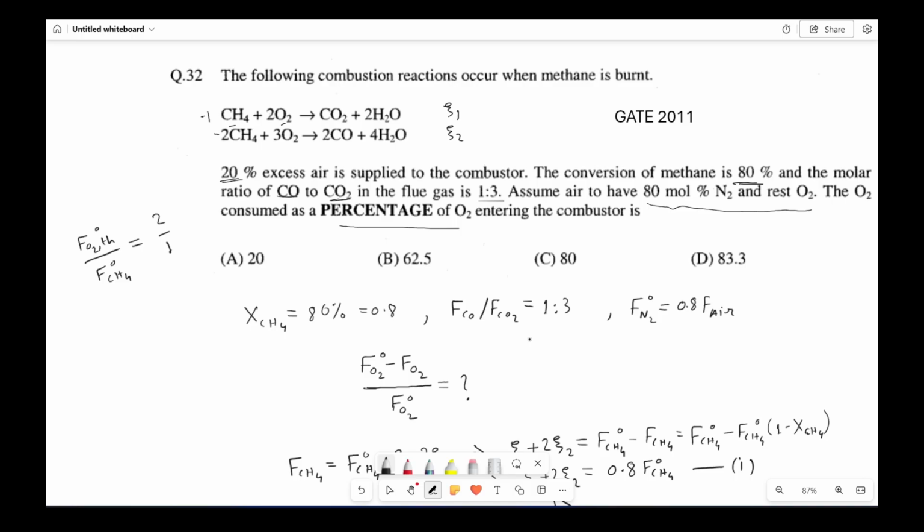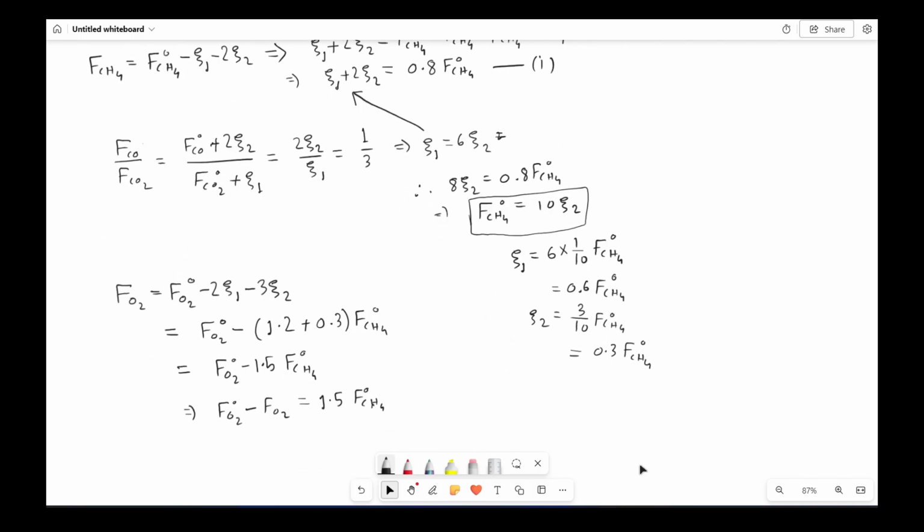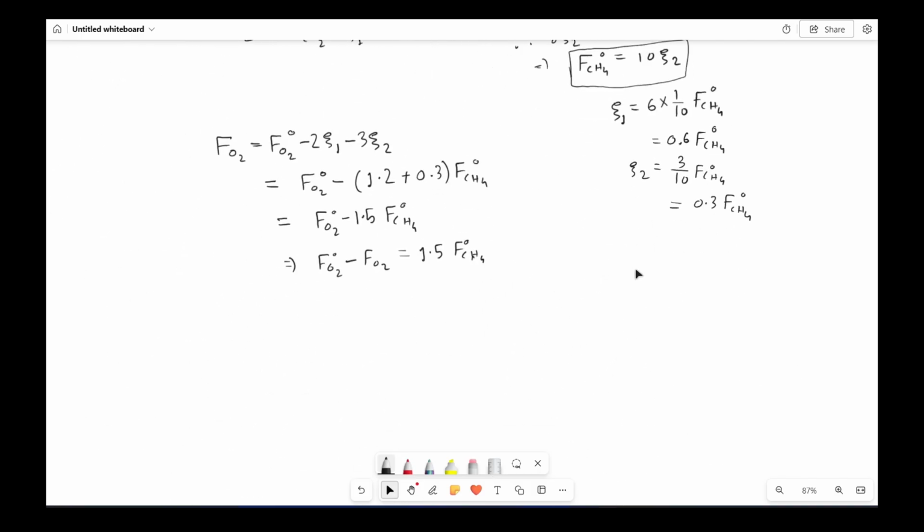So FO2 theoretical is equal to twice FCH4 naught.